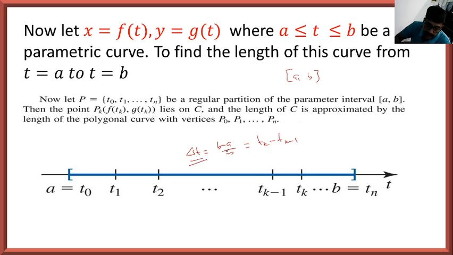Let it be delta t. In such a way you partition the parameter interval into finitely many subintervals, taking the points t0 is equal to a, t1, t2, etc., t n minus 1, and t n is equal to the right endpoint b.